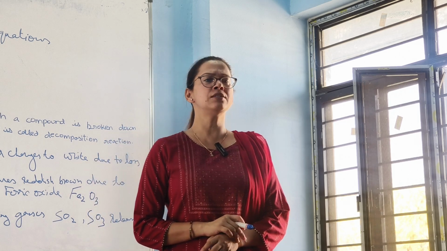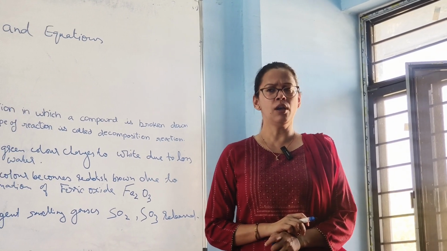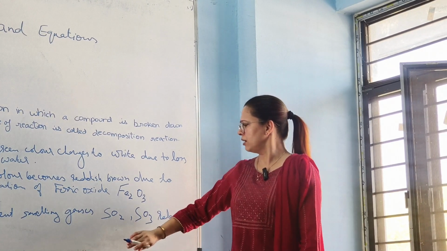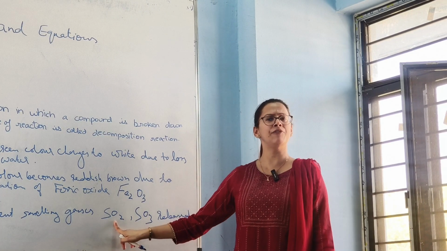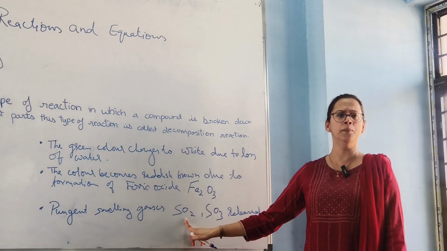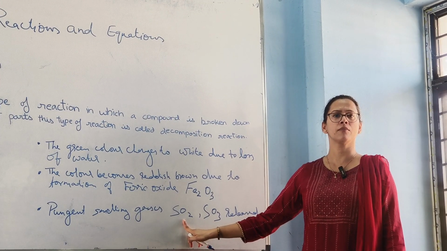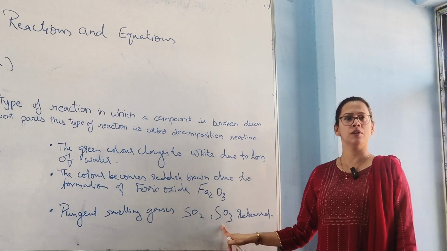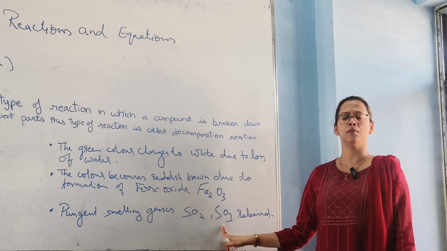Valency of sulfur is 2, 4 and 6. Here in sulfur dioxide, can you guess what is the valency of sulfur? And here? Understood?